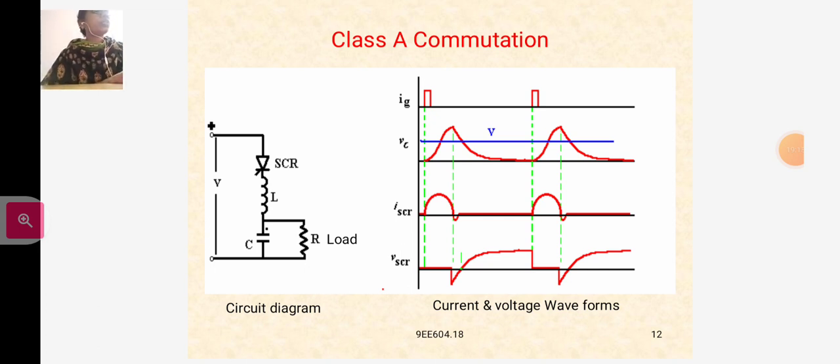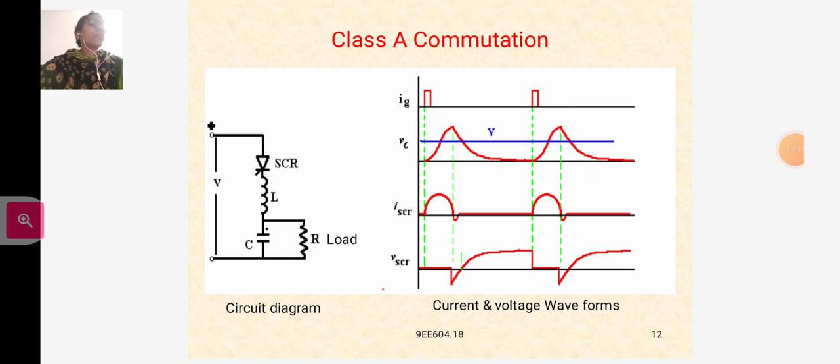of commutation, the anode current of the thyristor is reduced below the holding current. Normally these circuits are shown in this diagram, and they are energized from a DC source, with the respective current waveforms.